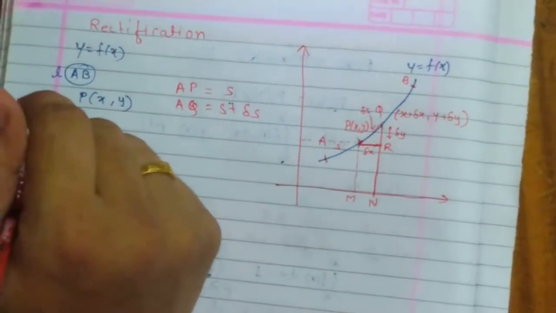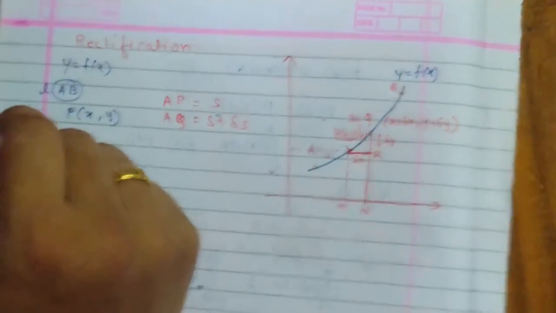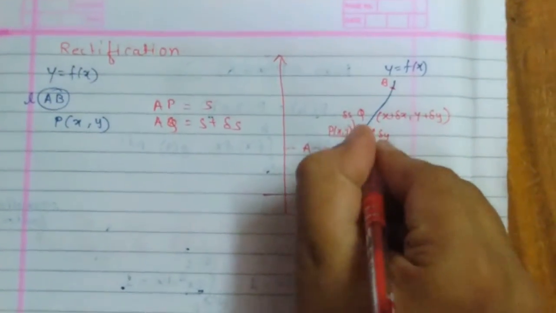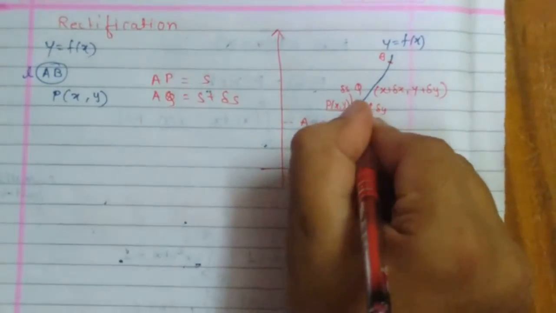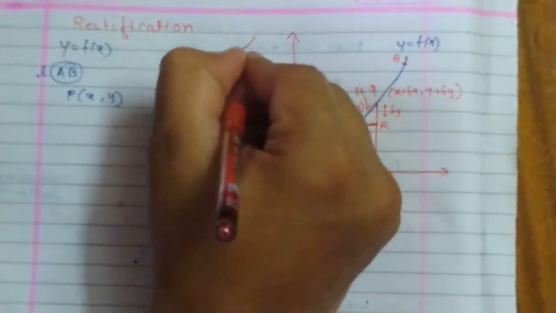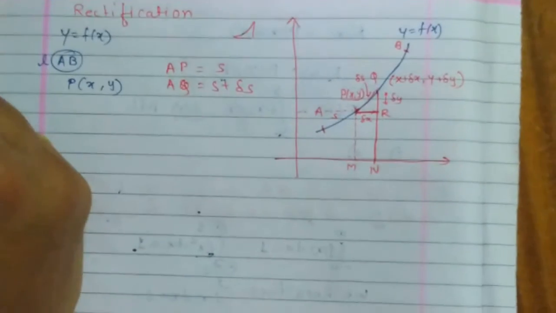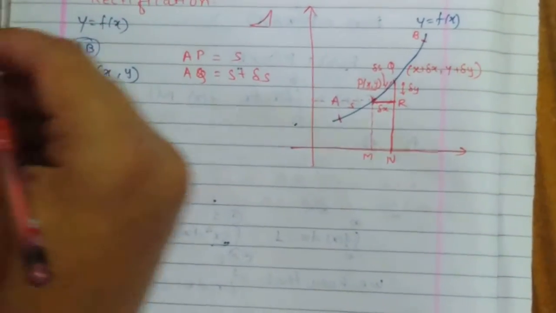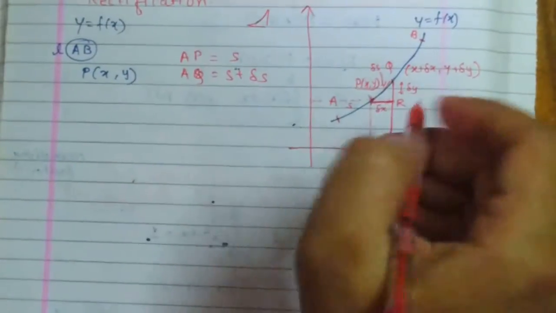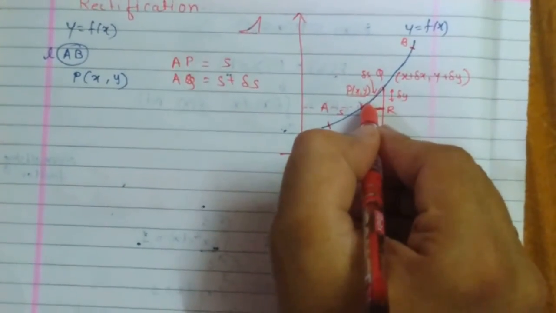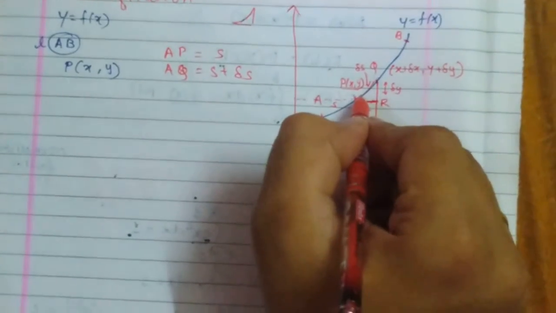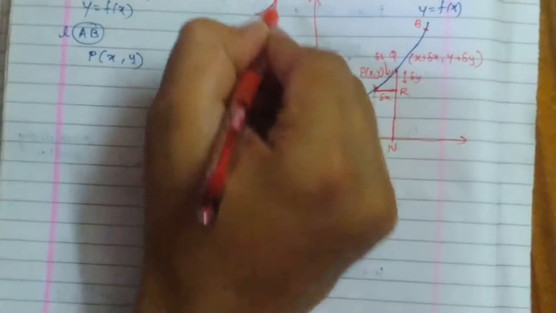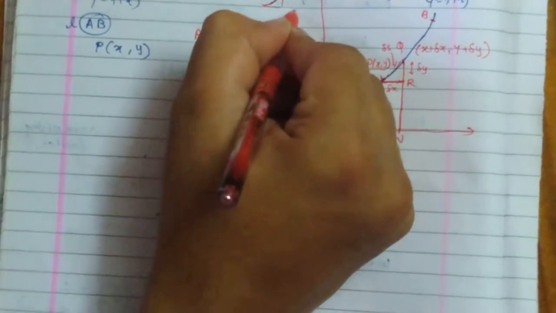Okay. Now here I am observing one triangular-like shape, but this PQ is an arc of the curve, so I am having such a situation. Now I am taking this point Q as close as possible to P, so that this looks like a triangle.